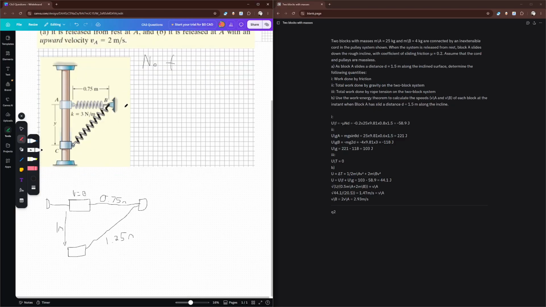Okay, let me see. So for this, we have a few different equations at each point, right? So we have that using conservation of energy, we have that T1 plus V1 is equal to T2 plus V2, right?